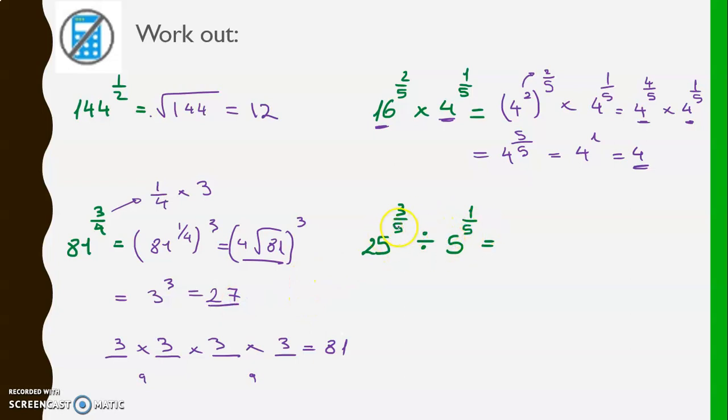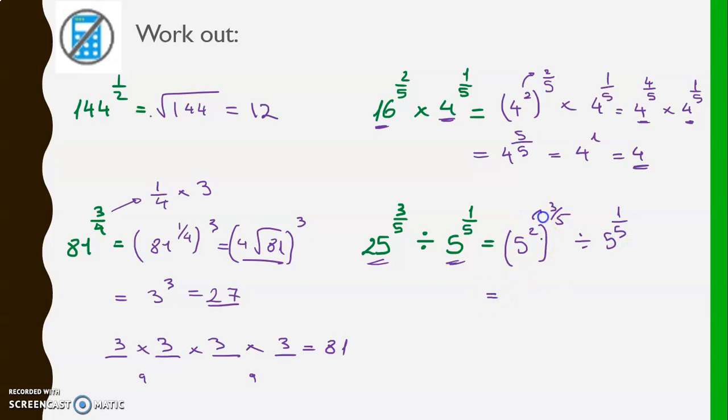In the last example, we have 25 to the power of 3/5 divided by 5 to the power of a fifth. Again here, we have to rewrite this 25 as 5 squared, to the power of 3/5, divided by 5 to the power of 1/5.